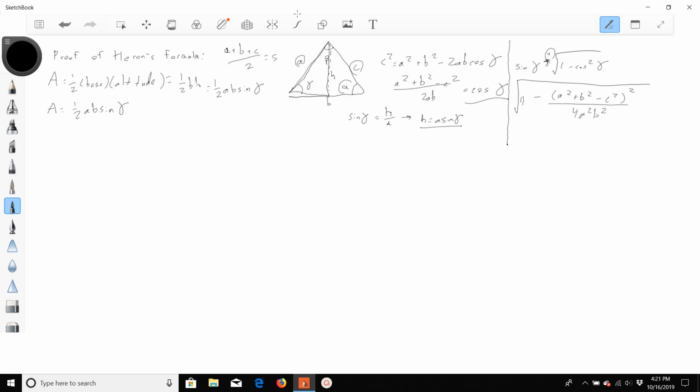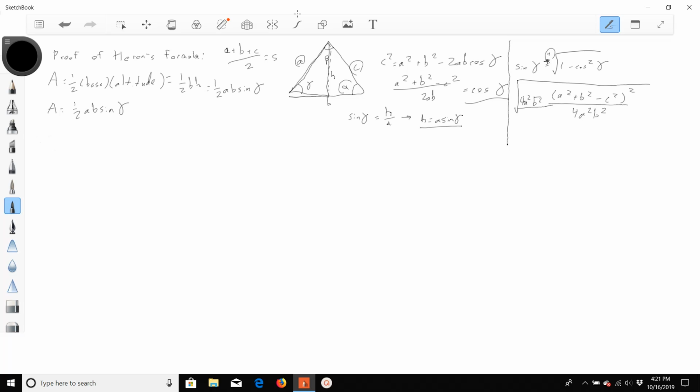And if you don't mind, I'm just going to make this (4a squared b squared minus this whole big quantity squared), putting it over the same denominator. In other words, I multiplied the 1 by 4a squared b squared over 4a squared b squared. Okay.